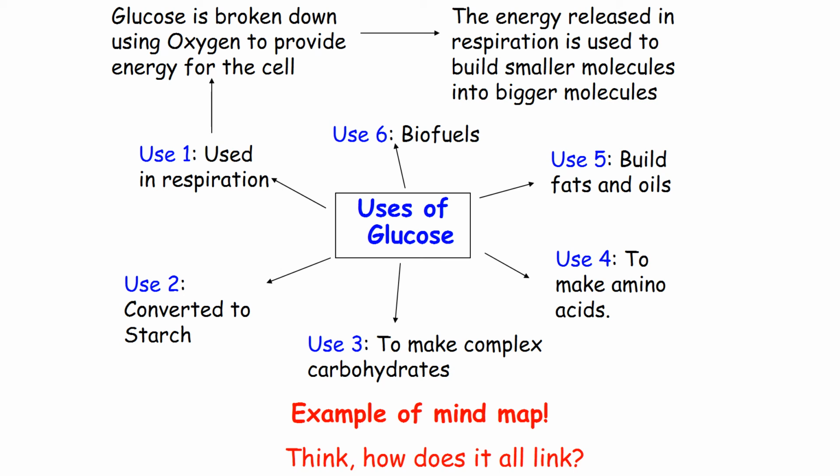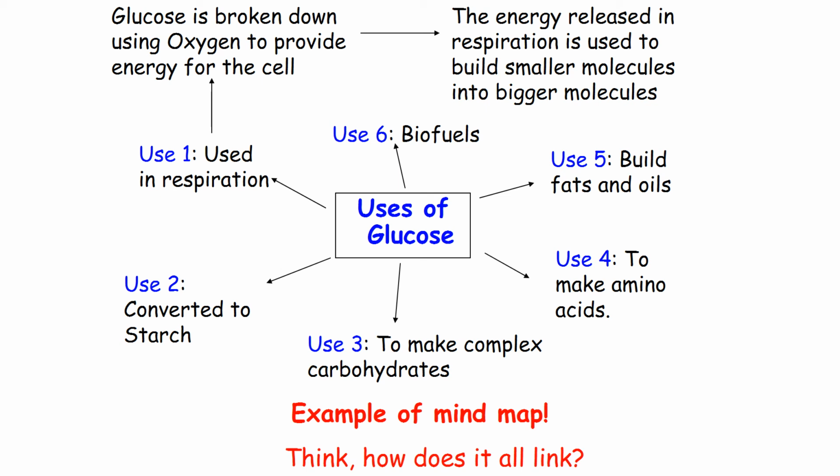I also would like to draw your attention to making amino acids. You might want to link that to why amino acids are so important for life processes, building fats and oils. Why do we need these fats and oils? What use are they to the plant? And why are they essential for life as a plant? And then biofuels.